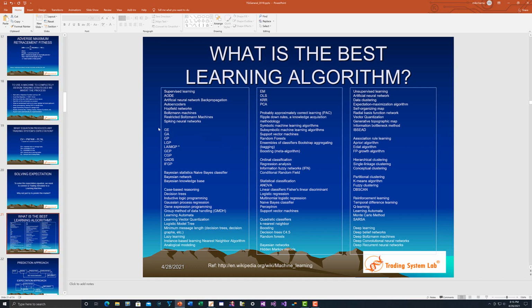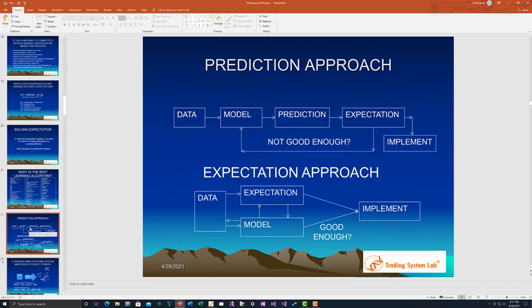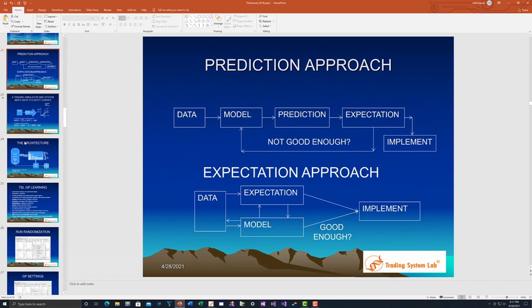So I focused my attention in this area here, the grammatical evolution, genetic algorithm, genetic programming group of algorithms, and chose the RML LAIMGP because it's fast, accurate, and it writes code. Many of these others are just way too slow to really produce code, or they require a supercomputer that only a very few people have. So it's really not appropriate for a package that's going to be distributed to traders worldwide at a reasonable cost.